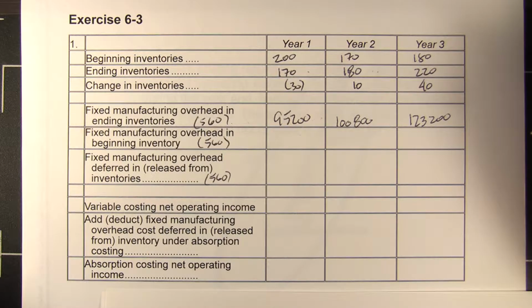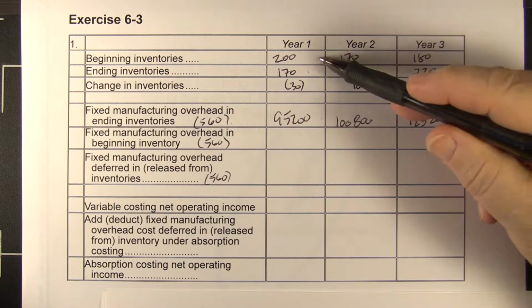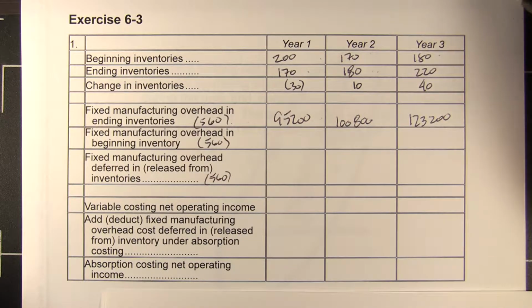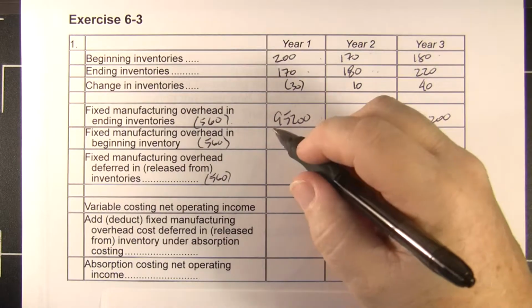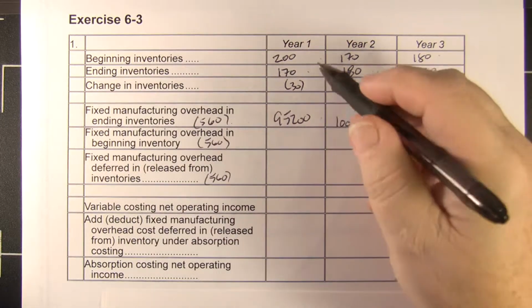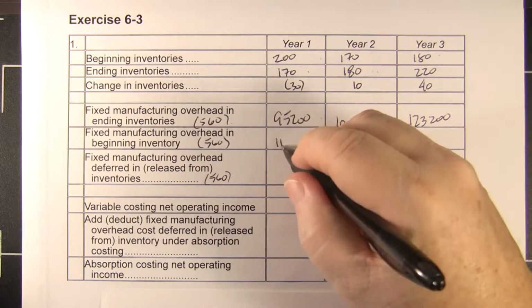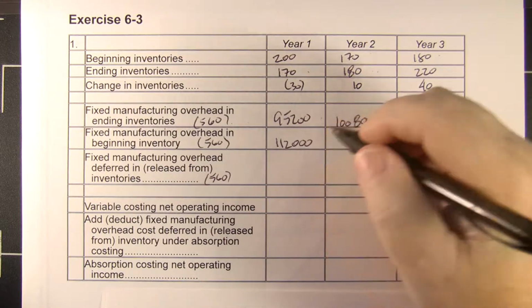Now they're going to ask us how much was the fixed manufacturing overhead in the beginning inventory. So now we take the beginning inventory and multiply that by 560. The beginning inventory for year one was 200 times 560. That's 112,000.